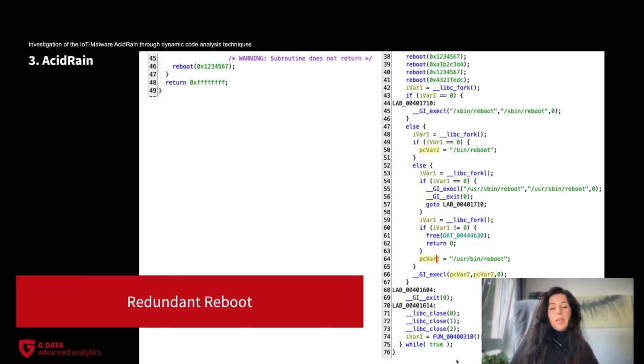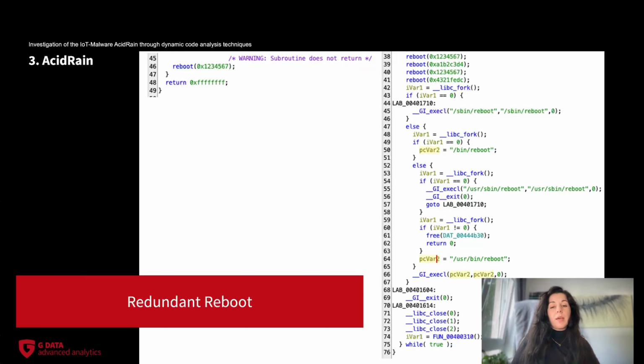And Ghidra sees, okay, we have one reboot here, and the system should be shut down. So it ignores all the other code which could come after this first reboot.